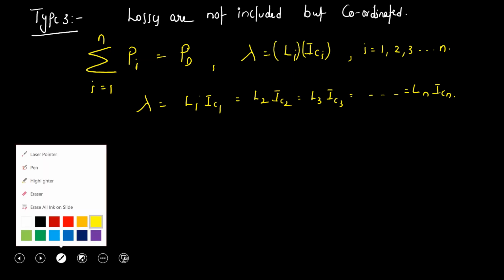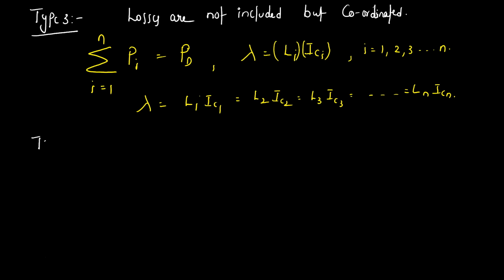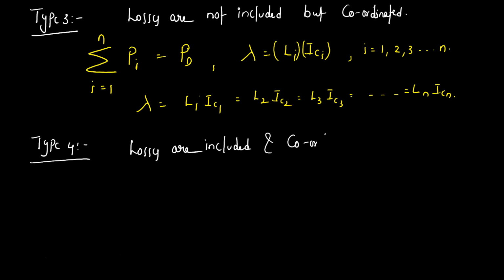The last case is type 4. Losses are included and coordinated. Understand?